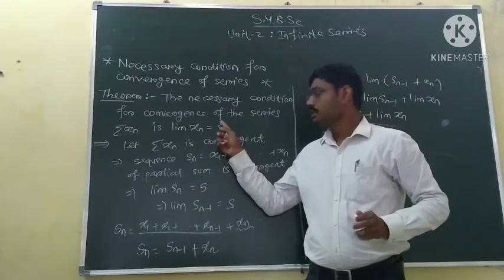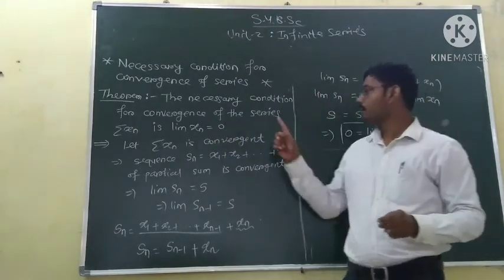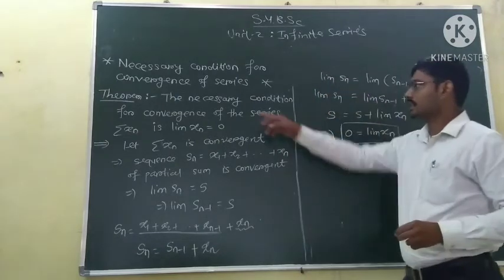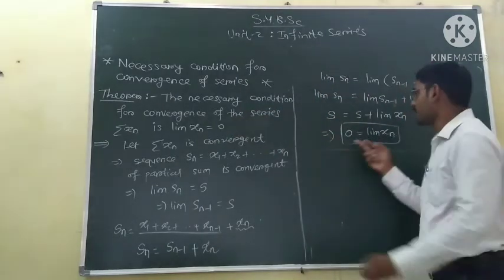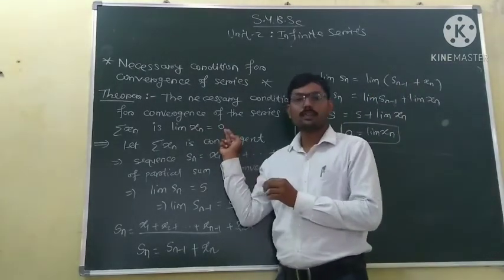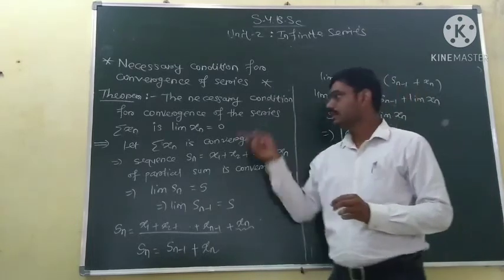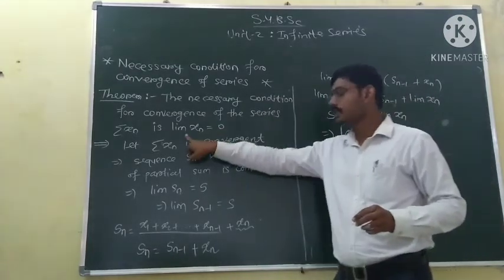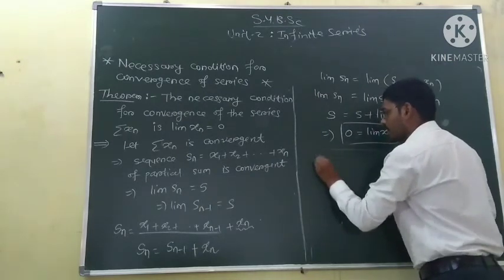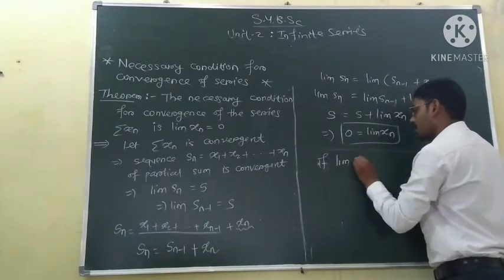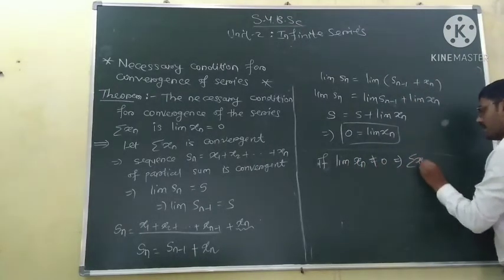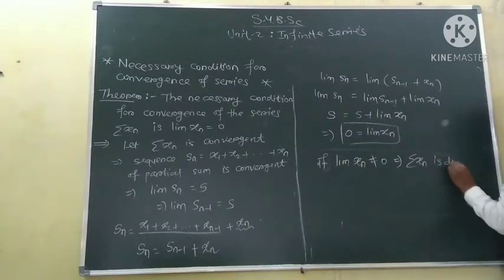But this gives us one very important criterion for the series to be divergent. Since this theorem says if the series is convergent, then the limit of the nth term is equal to 0, taking its contrapositive, we get: if the limit of the nth term is not equal to 0, then the series xn is divergent.